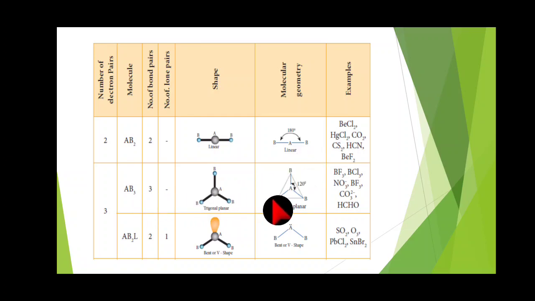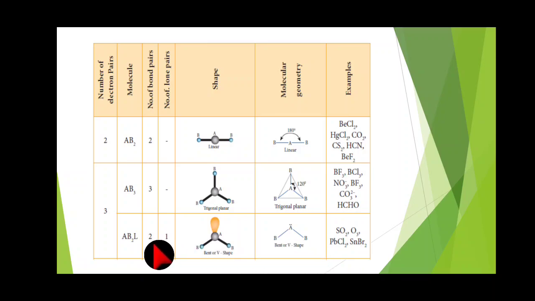Then AB3 type. In AB3 type there are 3 bond pairs, 3 bonds, and no lone pair, right? The structure is trigonal planar geometry. Examples are boron trifluoride, boron trichloride, NO3 minus, and carbonate 2 minus. Then the AB2L type molecule.